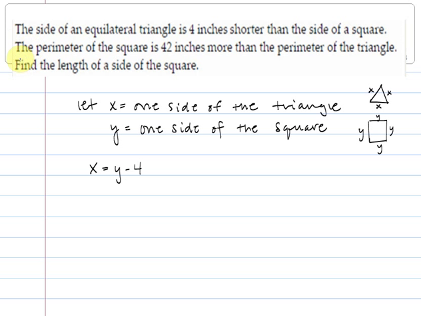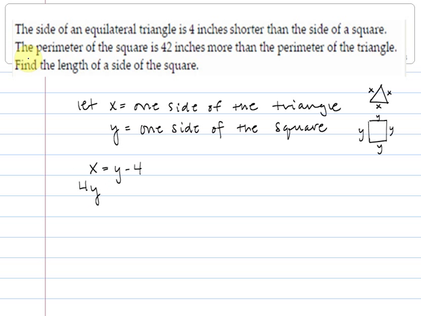The second sentence in our problem reads, the perimeter of the square is 42 inches more than the perimeter of a triangle. Now, remember, to find the perimeter of a geometric shape like a triangle or a square, you simply add up all the sides. And so the perimeter of the square can be represented by adding y plus y plus y plus y, which equals 4y.